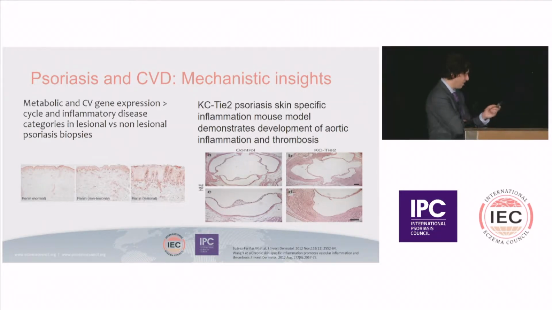And then this is work by Nicole Ward's group, a seminal paper here, looking at a mouse model of psoriasis. When the gene construct is expressed just in the skin, these mice eventually develop aortic disease and thrombosis, suggesting again proof of concept that this chronic psoriasis-like inflammation in the skin of a mouse could ultimately result in distal comorbidities.